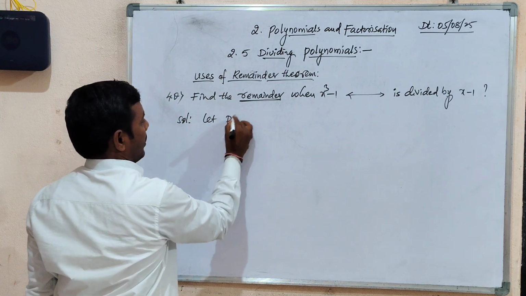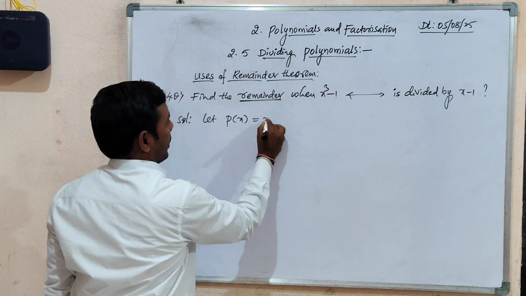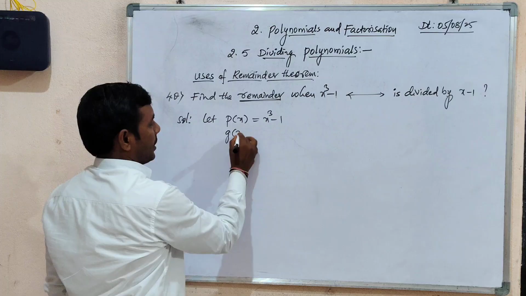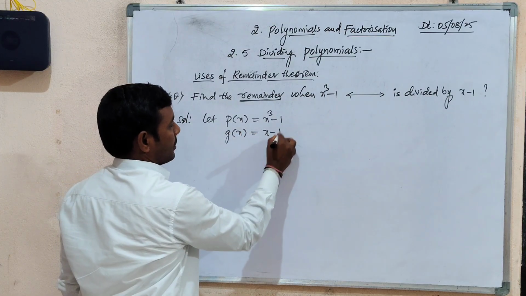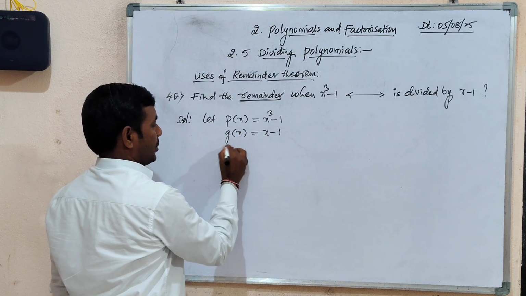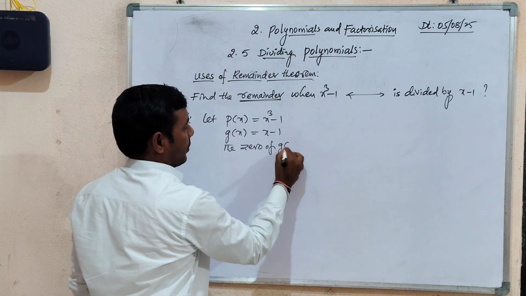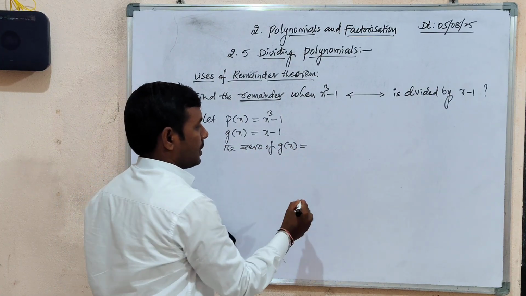Let p of x be equal to x cube minus 1. Now g of x is equal to x minus 1. Next, the zero of g of x.